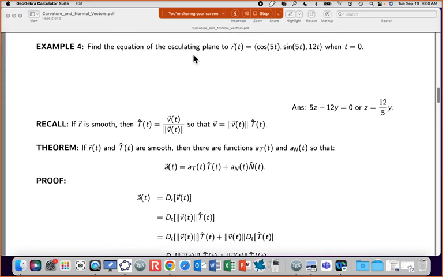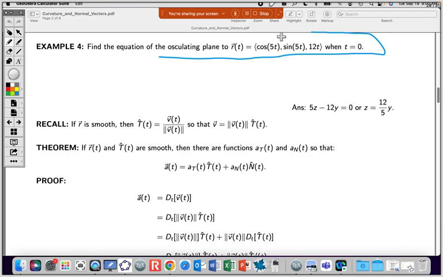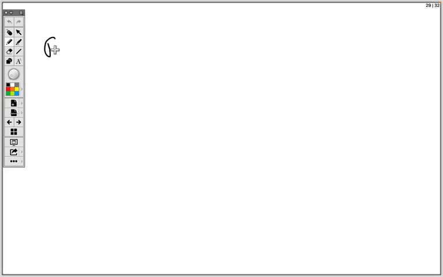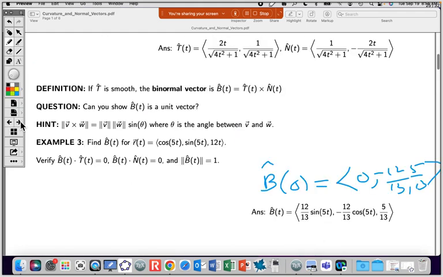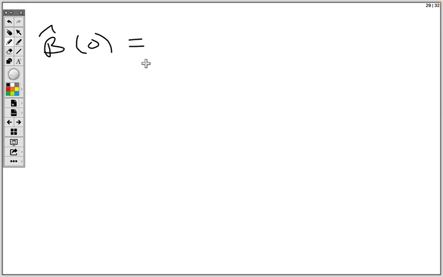But find the equation of the osculating plane when t equals 0. Okay, so this is the helix we're on. Once again, the osculating plane's normal vector is our b hat. So I would take b hat at 0 as our normal vector, which we just had, was (0, -12/13, 5/13).